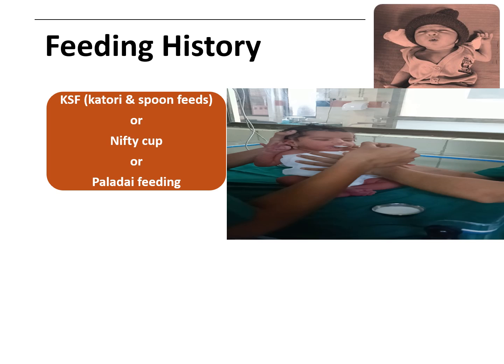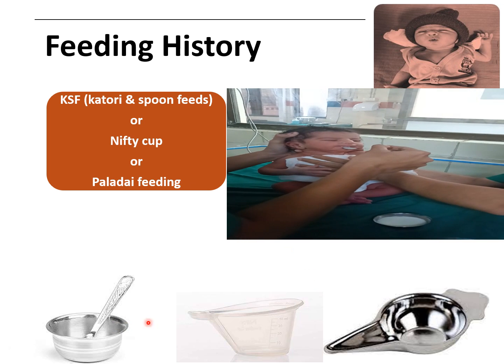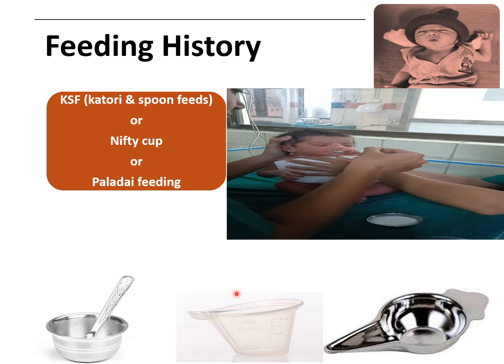If baby is not on breast milk, then either giving the katori spoon feeds or giving the feeds with the nifty cup or giving the feeds with the paladai. So we have to ask, this is the nifty cup.